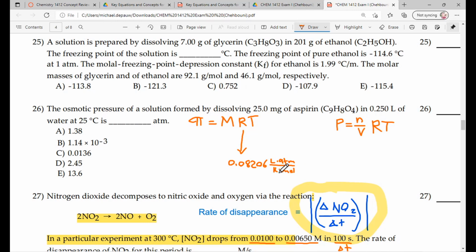And then our temperature is what? Yes, it's 273 plus 25, so it'd be 298. We can just leave it as 298.